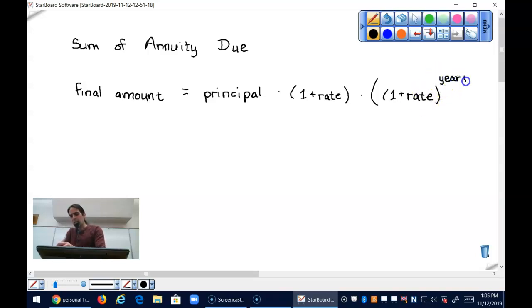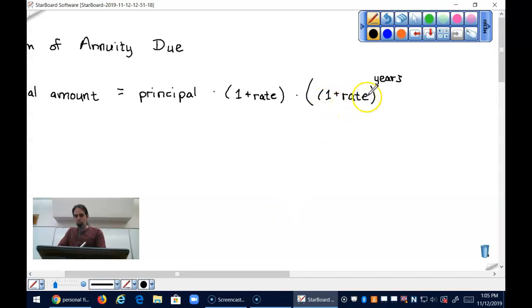It's the same thing. It's the number of payouts, except all we're ever going to do with this formula is have years. We never have to worry about months or quarters or all of that other baloney we've had to deal with before. A 1 plus rate up to exponent years.